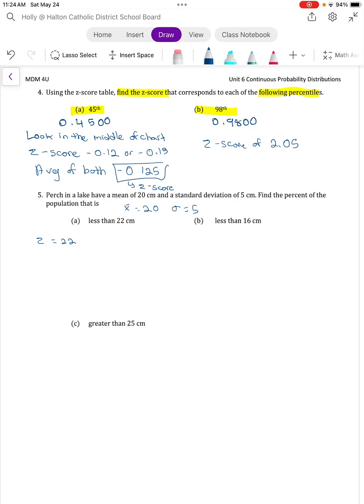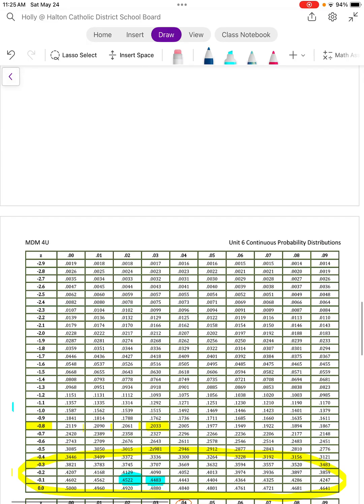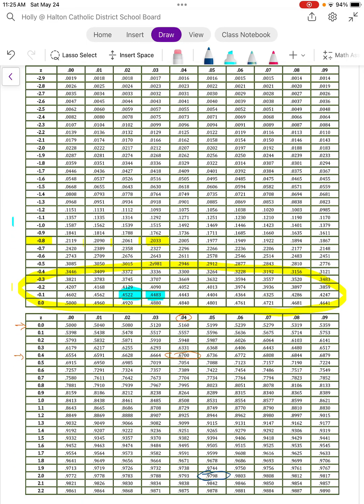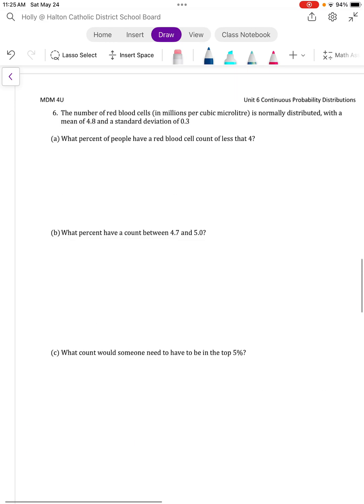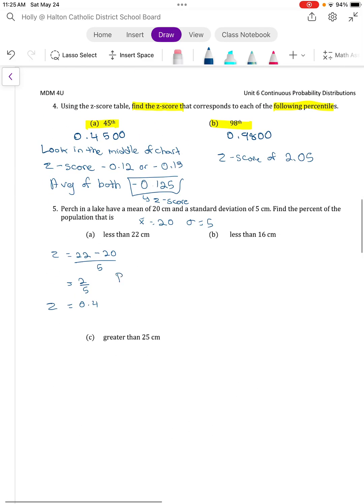So 22 minus 20 divided by the standard deviation of 5 gives us 2 over 5. And you can, again, pause the video and do this on your own. It gives you 0.4. You're going to look up in the chart. This is not your answer, right? This is your Z-score. So we're looking up 0.4 in the chart, and 0.4 gives us this number here. 0.6554 is the percentile.